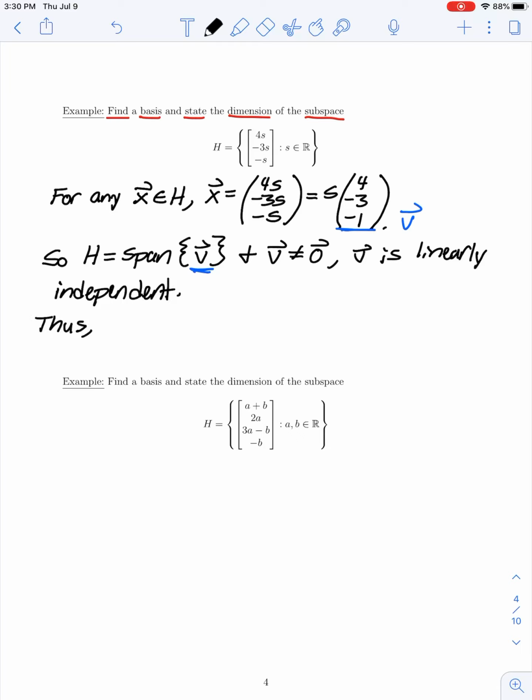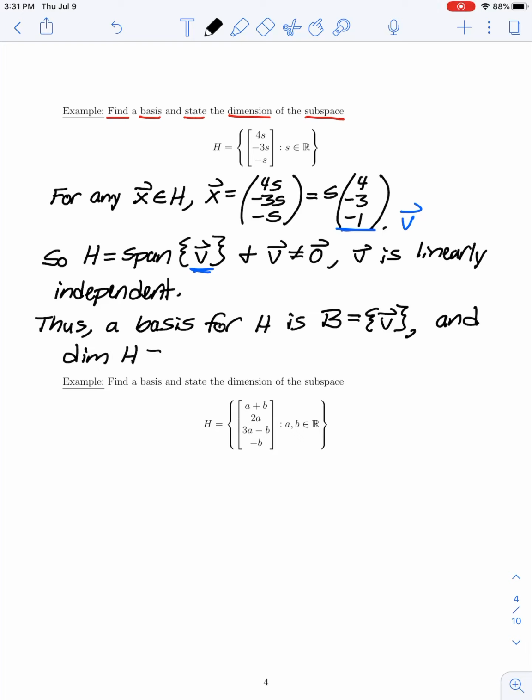So we can say a basis for this space H is the set, maybe call it B for basis, which would be the set consisting of the single vector V. So since the basis consists of a single vector, theorem 4.10 says that every basis would consist of a single vector, and so the dimension of this subspace H is equal to 1.